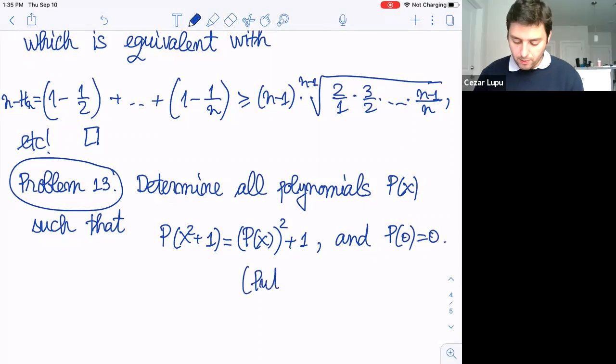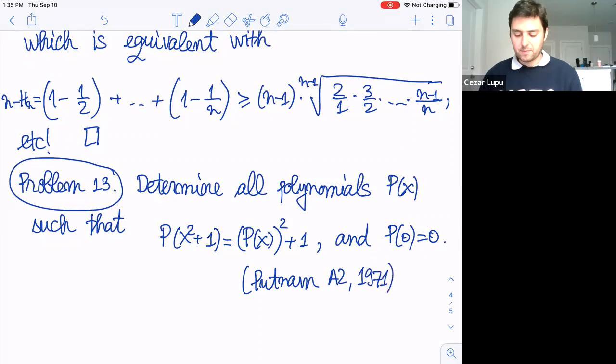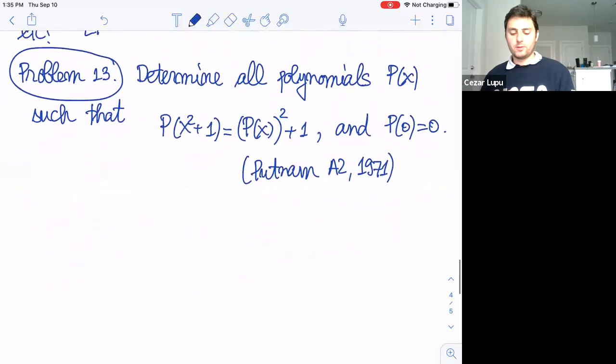This was a Putnam A2 in 1971. Okay, let's look at it.